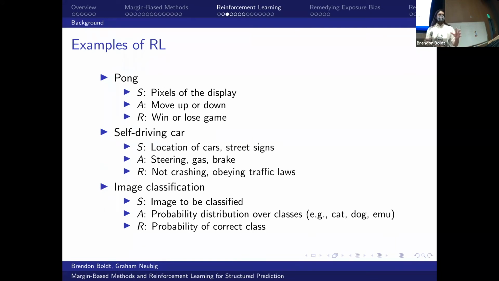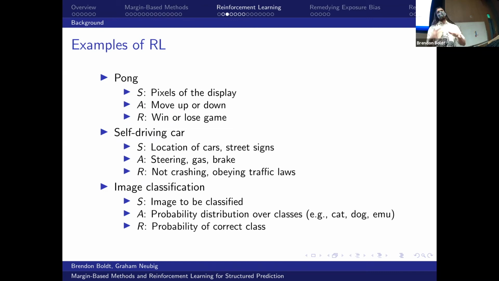If you read Andrej Karpathy's wonderful blog post giving a quick intro to reinforcement learning, you'll see that he used the example of Pong. I think this is a great example. Video games make a pretty good reinforcement learning environment. In Pong, our state space will be defined by the pixels of the display.